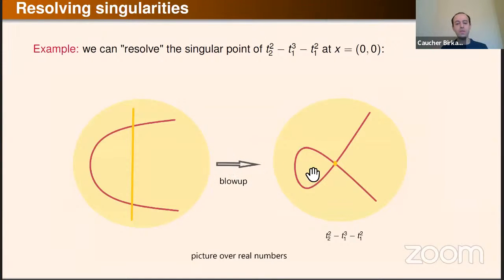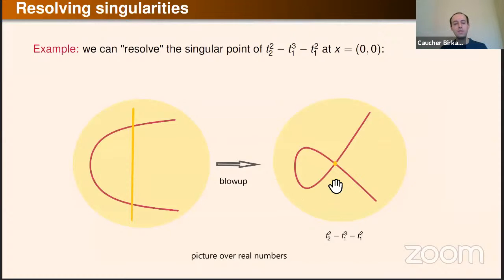Now, I don't define what it is, but just intuitively what it does is it replaces this point with a line. And then it modifies this red curve. The red curves become something like this. And you see that here there is this singular point, but here we don't have singularities. So this process removes or resolves the singularities of this geometric space.